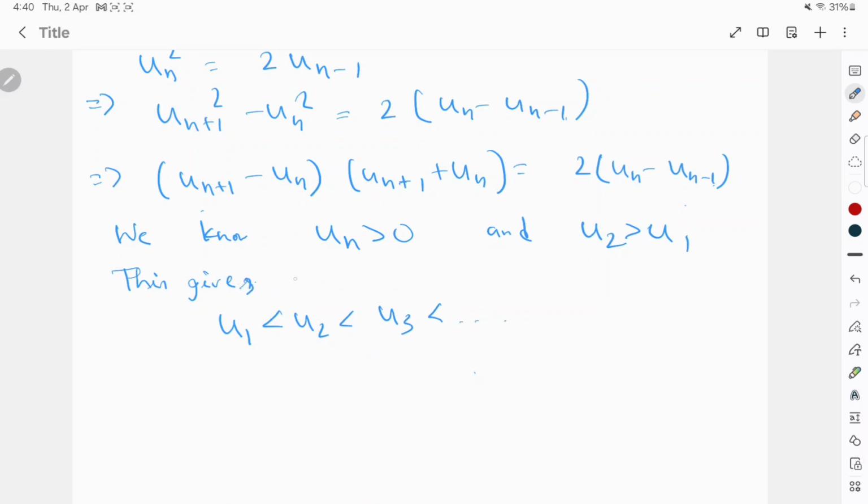This gives that un is a strictly increasing sequence.